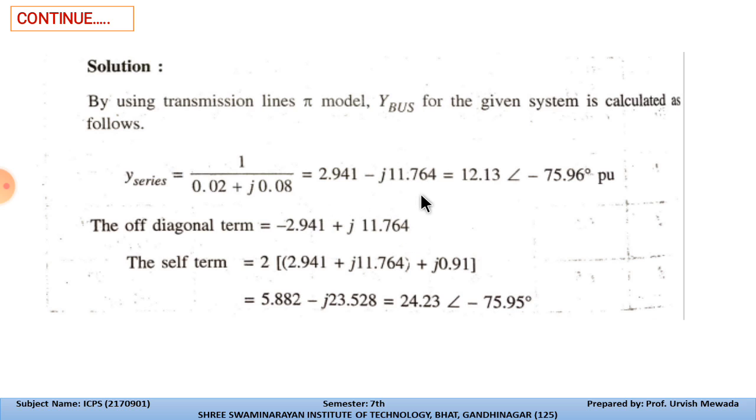This is the off diagonal term of the bus, and the self term we can calculate is twice the off diagonal term plus j0.91. This is the formula we use to calculate the off diagonal and self terms of the system. The solution in polar form is 24.23 at an angle of -75.95.